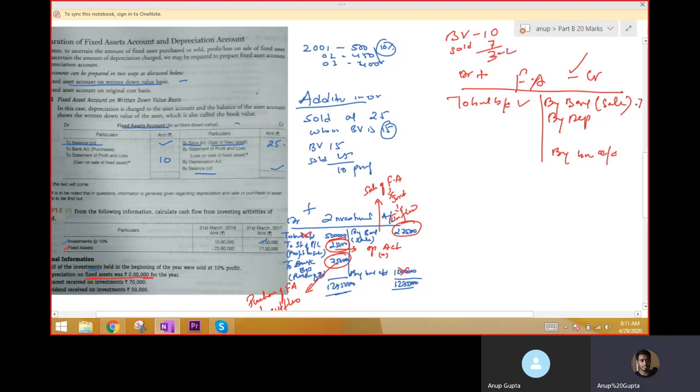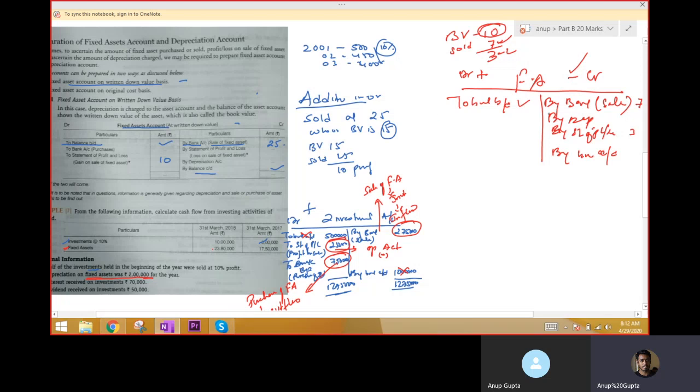In the bank we record 7 rupees, but actually we have to reduce the asset by 10 rupees, because the book value is 10 and now the asset is no longer existing. So 7 rupees we record as sale, and the rest 3 rupees we show as loss. So by statement of P&L, in the bracket we write loss 3 rupees.